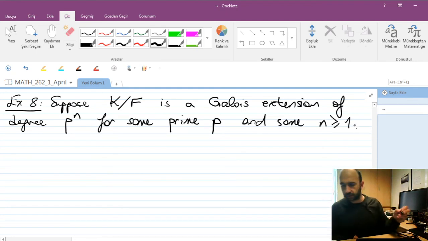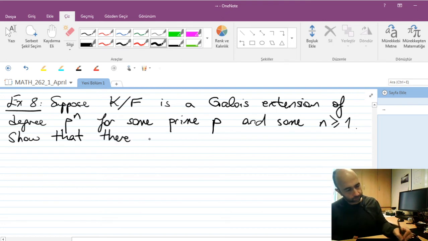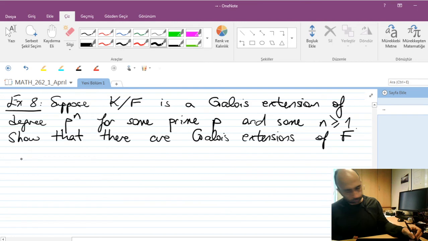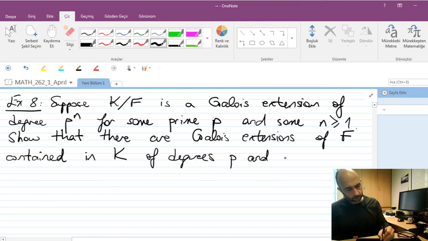Show that there are Galois extensions of F contained in K of degrees p and p to the power n minus 1.